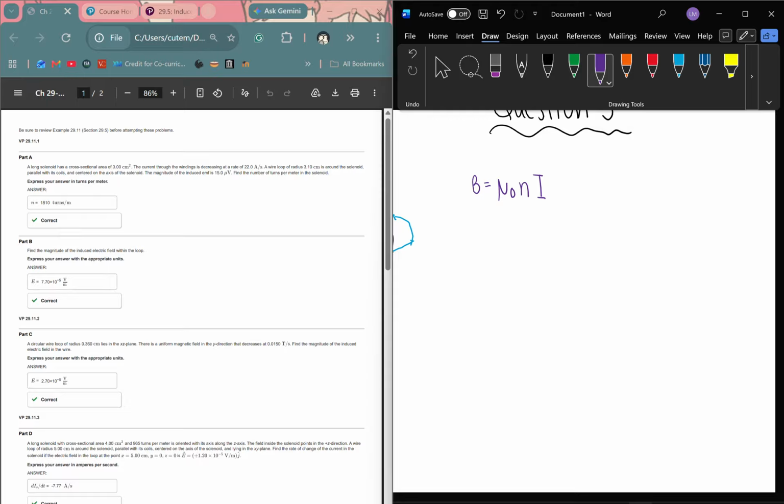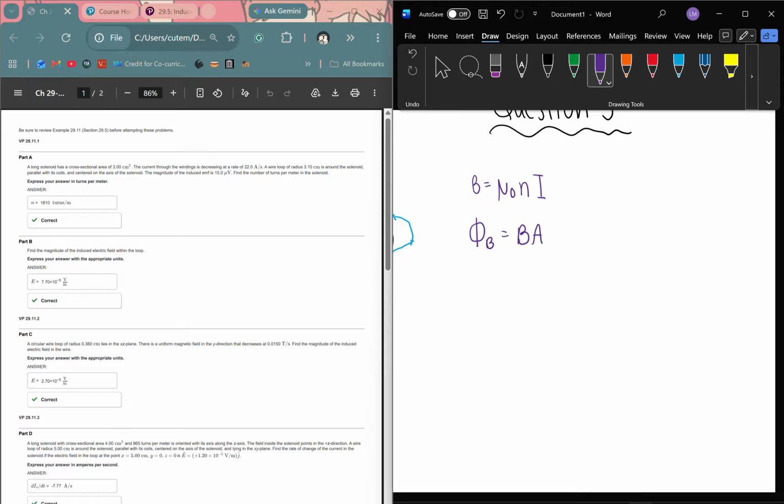Now we have to write the magnetic flux equation. The magnetic flux is, let me write the equation here. This is Φ sub B, the magnetic flux. B is the magnetic field, and A is the cross-sectional area of the solenoid.